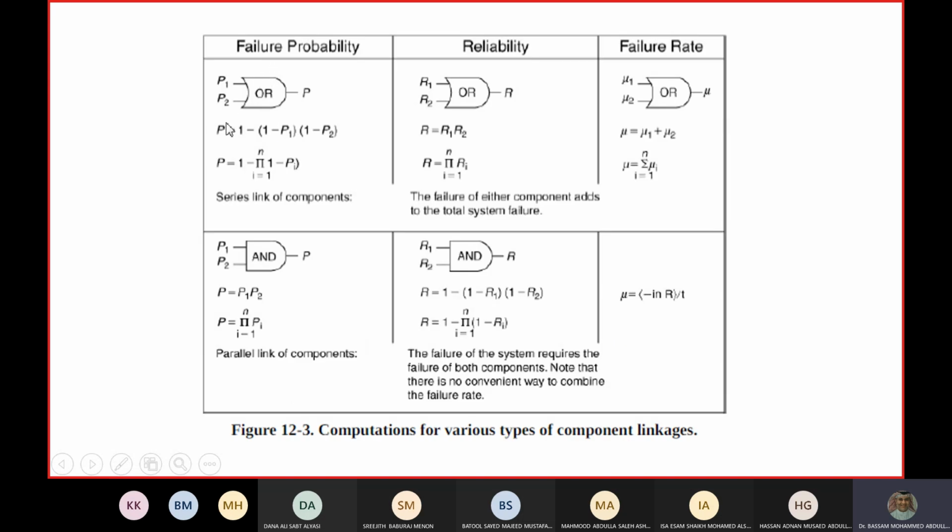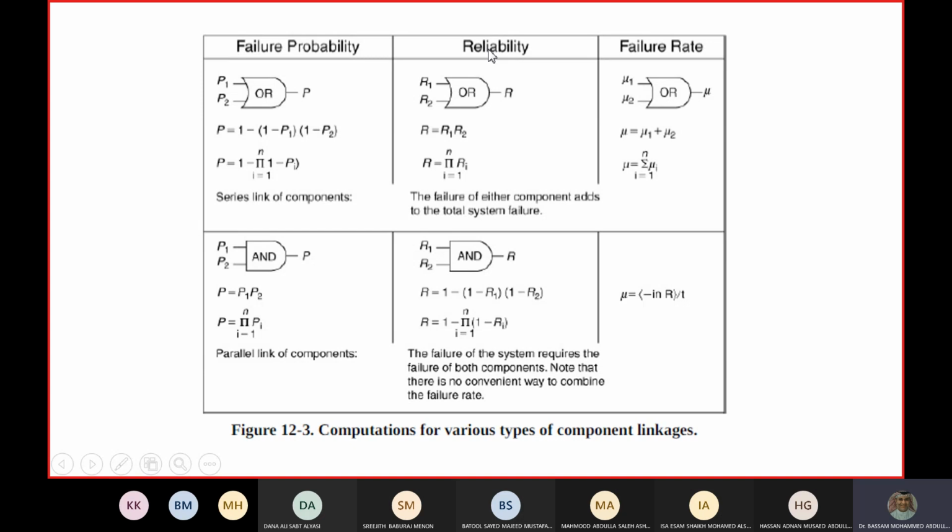Now, for the failure probability, if we have things with an OR gate or an AND gate, the results are calculated in two different ways. Let me put it in the way I memorize it.